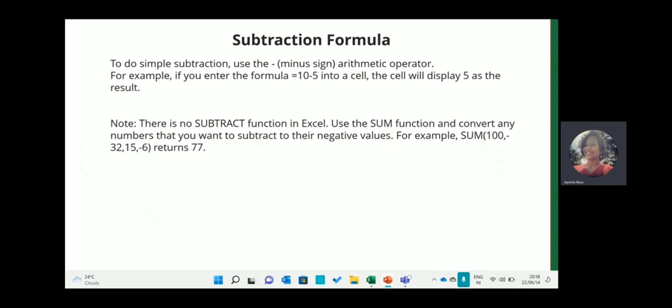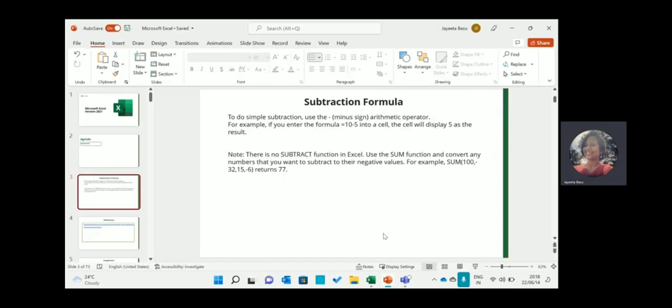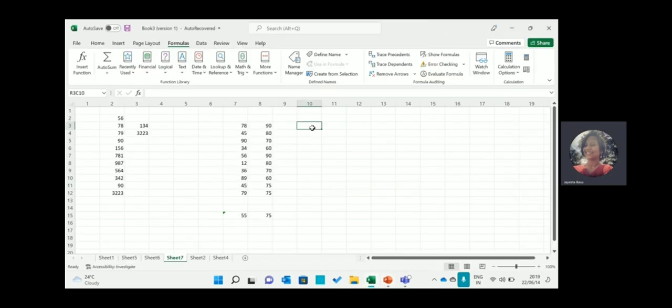So let's see how to use subtraction. Now we will go back to the Microsoft Excel document that we were working on. Let's say I want to do a subtraction of these two numbers. So what I will do is equals to, put on the bracket, select this number, put the hyphen sign, which is the minus sign, select this number, close the bracket, and I will get the subtraction.